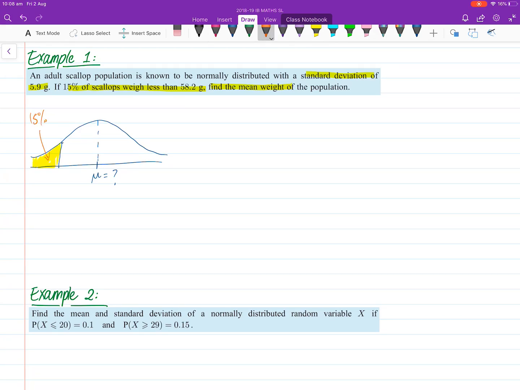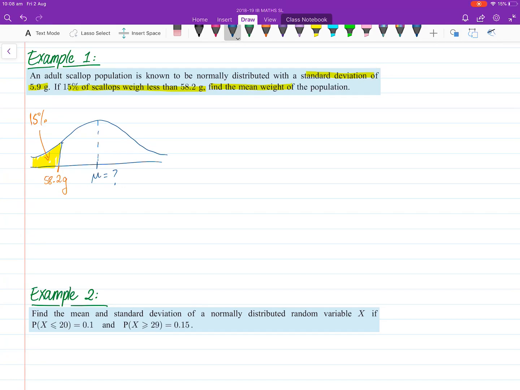And we're saying, because that amount there of scallops weigh less than 58.2, that means this score here is 58.2 grams. Okay, but we can't figure out what the mean is unless we convert it into z-scores.